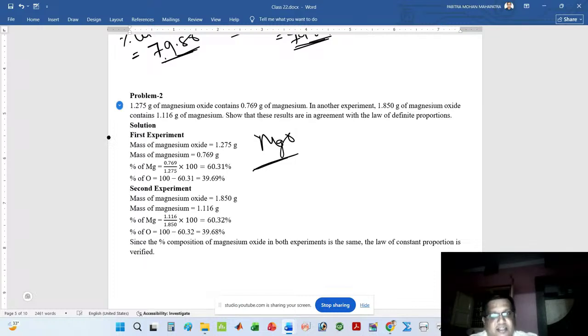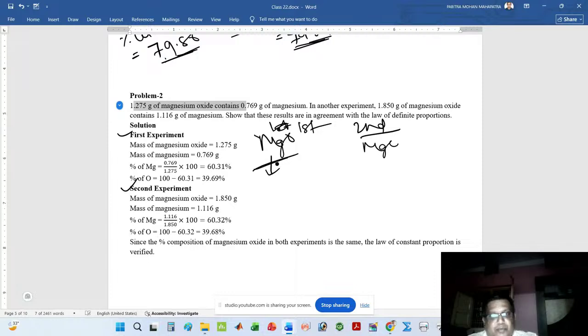Here magnesium oxide is given. There are two experiments. Here magnesium oxide is present, and here also magnesium oxide is present.